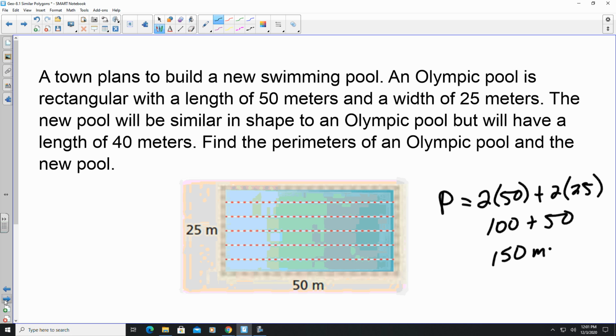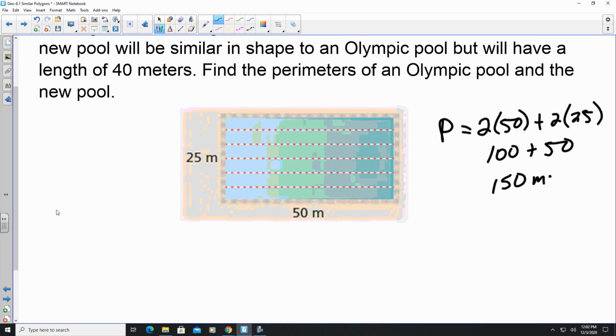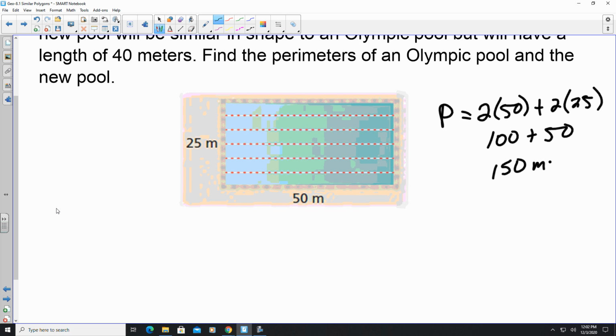All right. Now, what we can say is, with the other pool with respect to scale factor, this is the new pool. It has 40 meters in length. That's all we know, but we can use that to create a scale factor.